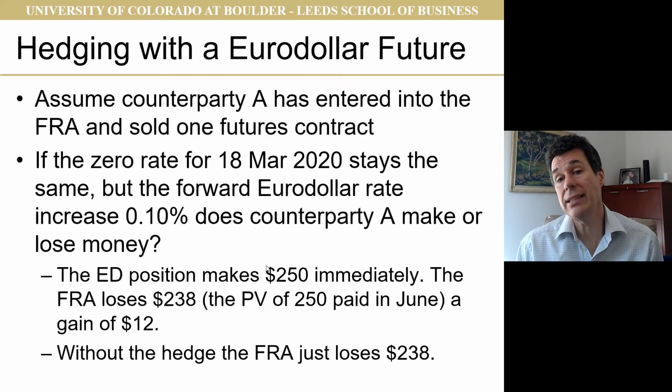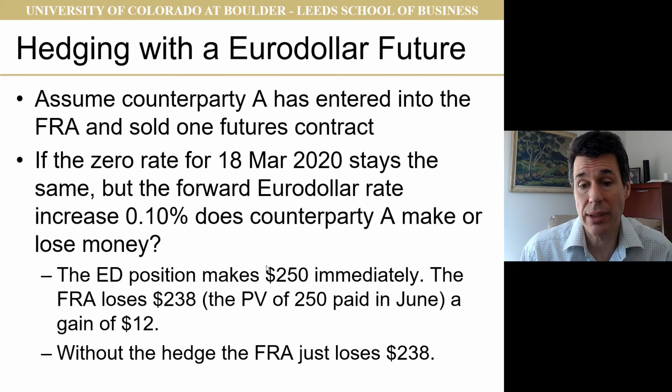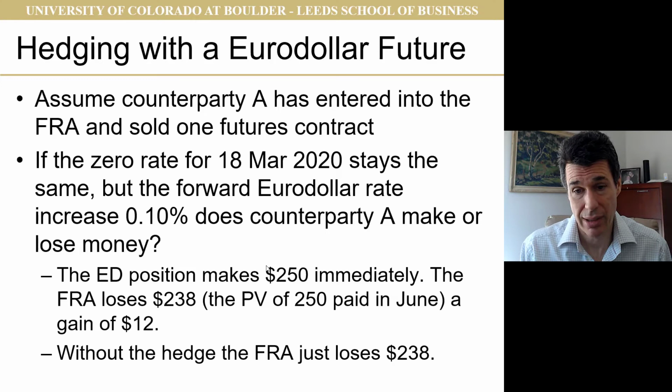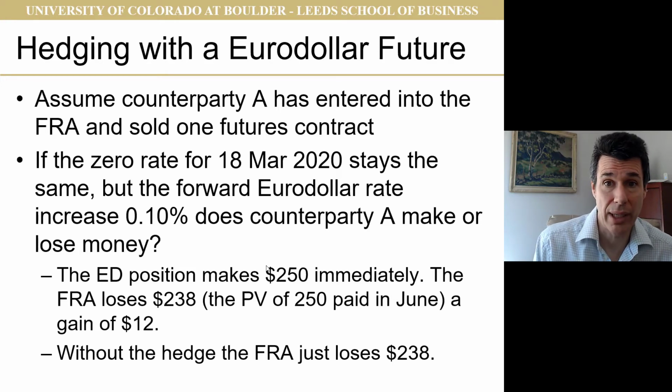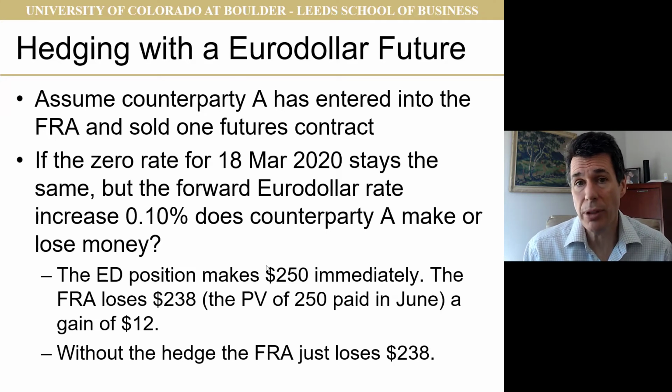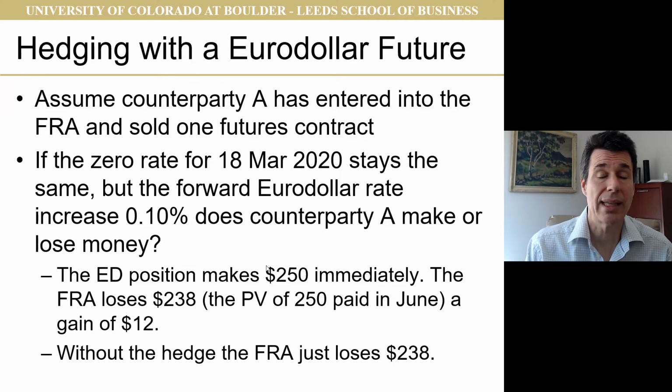So if A is a bank and it's doing these FRAs, what are they going to do? They are going to execute an FRA, hedge it, wait, execute another FRA, hedge it, wait, execute another FRA. And that's their business model, right? They lend money, they borrow money, except deposits, right? All the time.